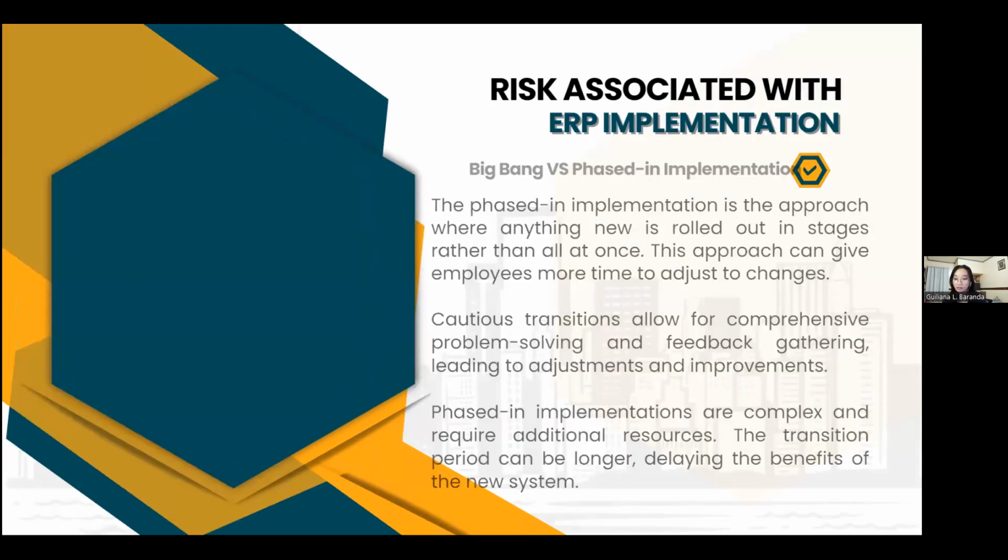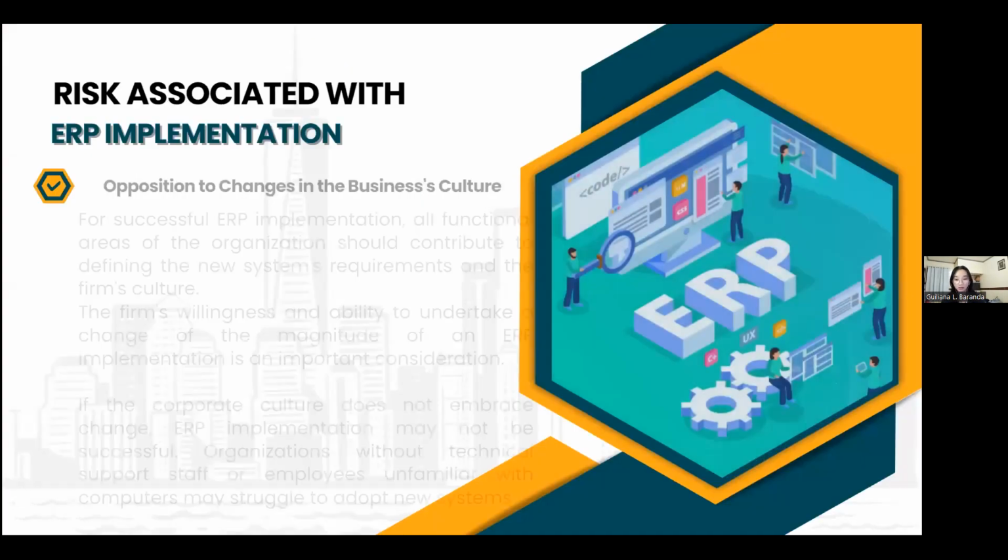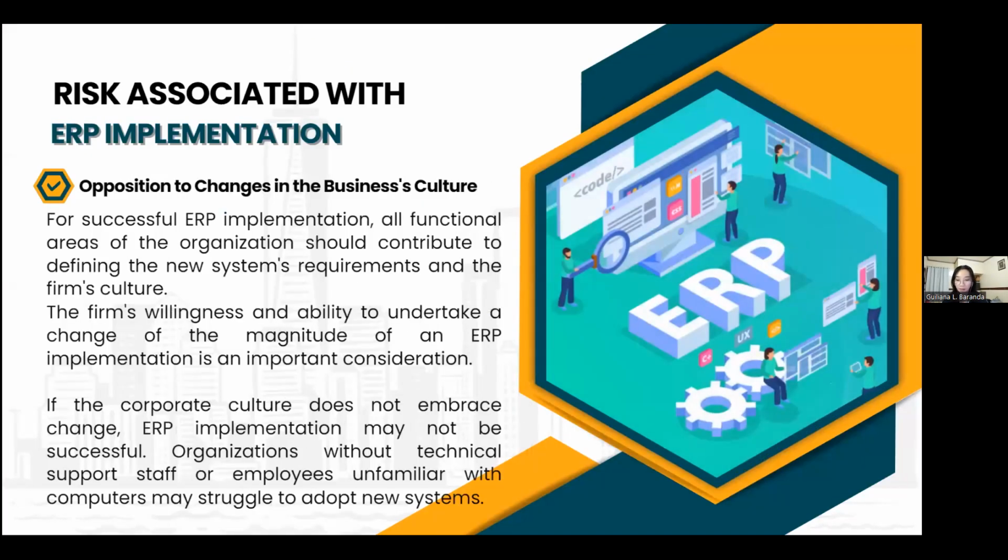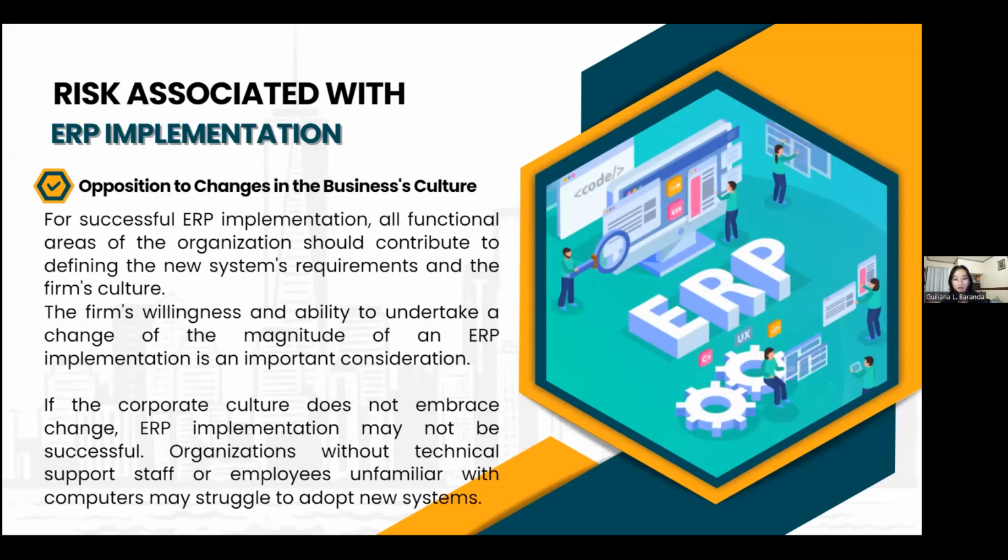Now we have here the opposition to changes in the business culture. For successful ERP implementation, all functional areas of the organization should continue to contribute to defining the new system's requirements and the firm's culture. The firm's willingness and ability to undertake a change of the magnitude of an ERP implementation is an important consideration.